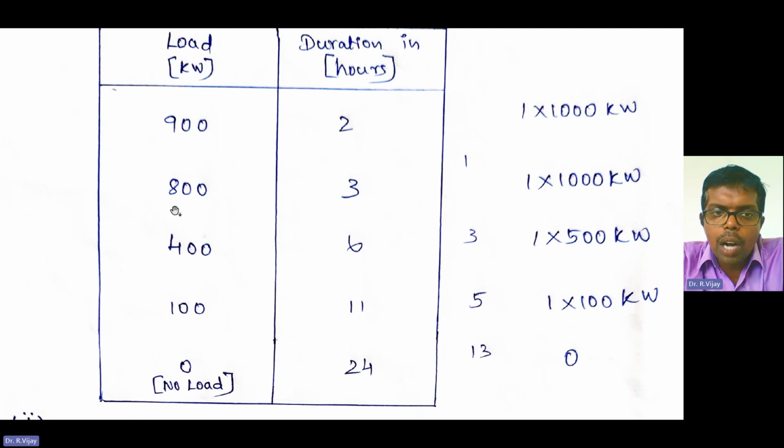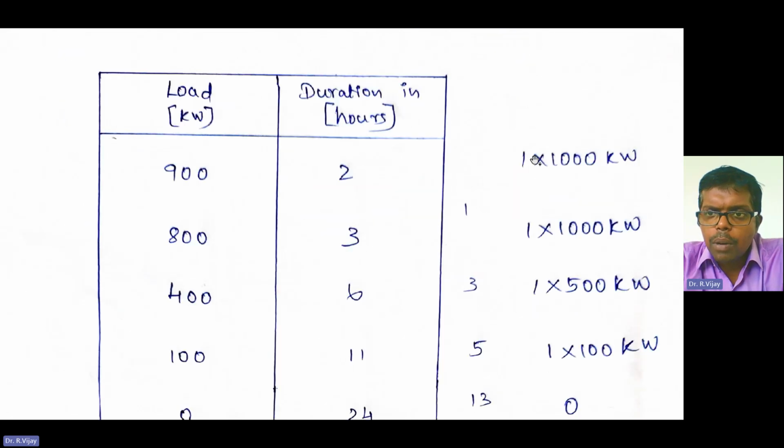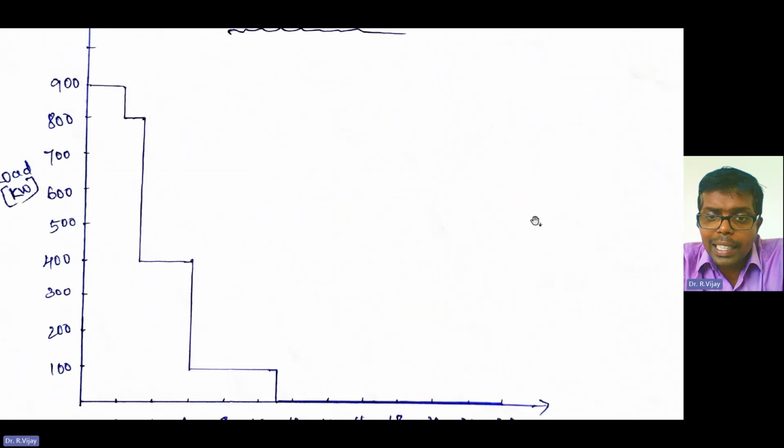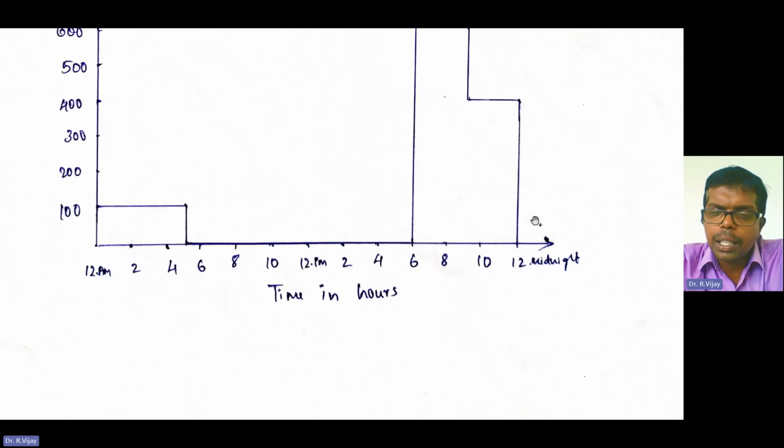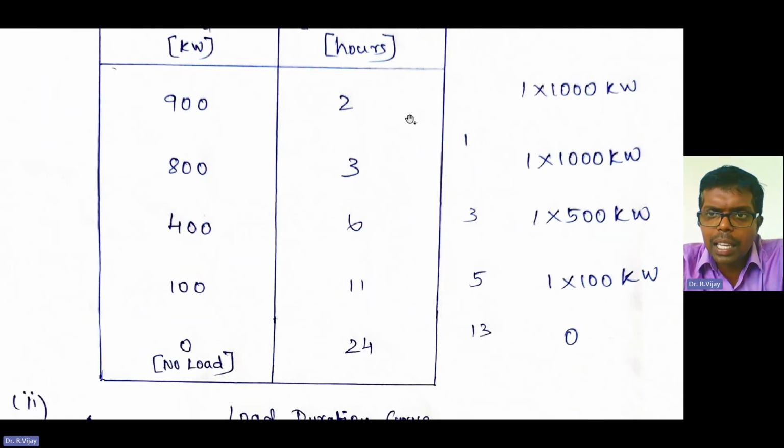You can't generate 800 kilowatt directly; you need to choose based on the generator size. So you need to be very careful while doing this problem, calculating the rated capacity of the plant. You can do it here also, the same answer will come.